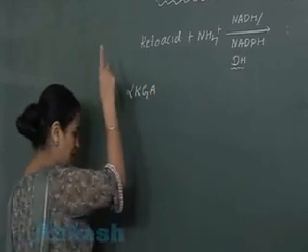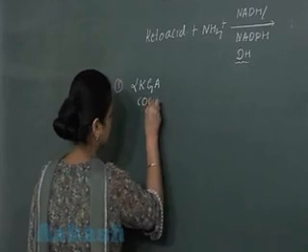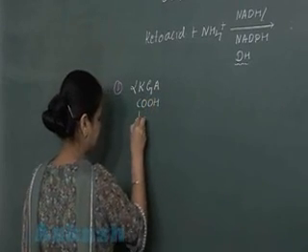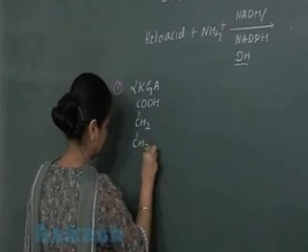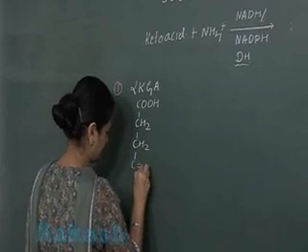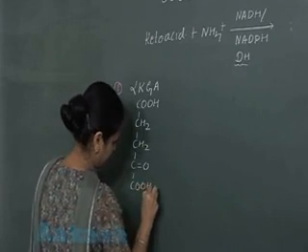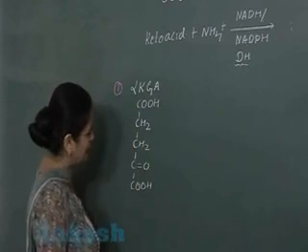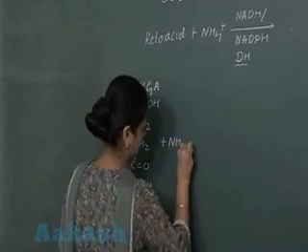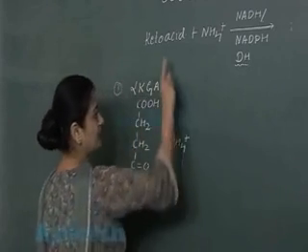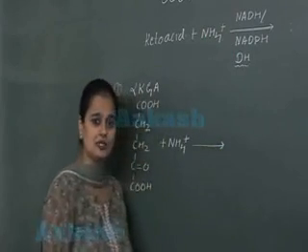Yes, so I am drawing the structure of alpha ketoglutaric acid. This is a 5-carbon keto acid. It reacts with the ammonium ions in the presence of this reducing power and the enzyme dehydrogenase.